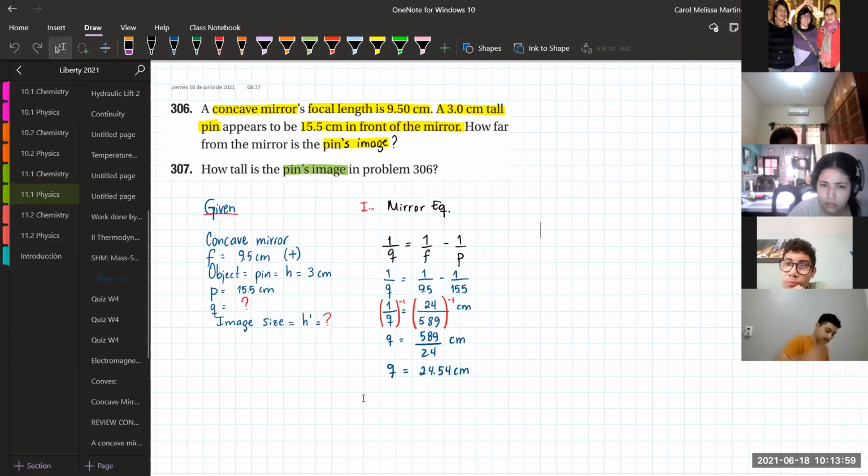Okay, so the Q, the image, is positive, because it's positive means that it will appear in front of the mirror. That's what the positive means.